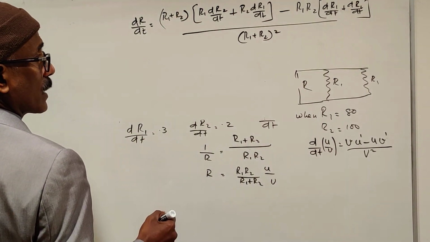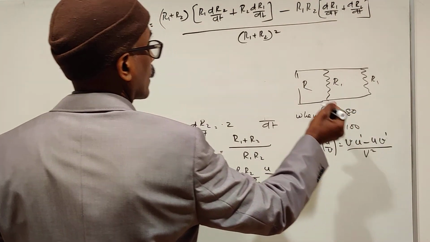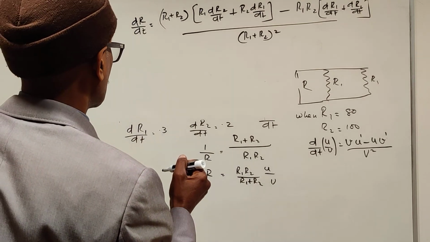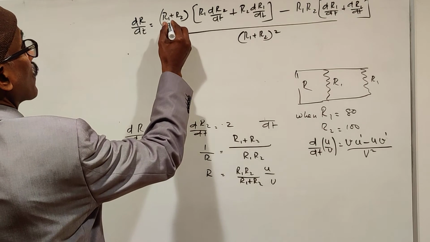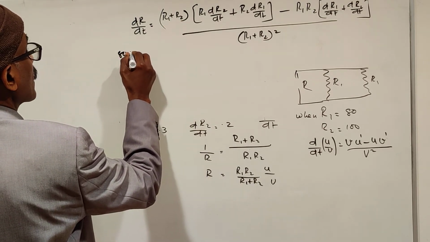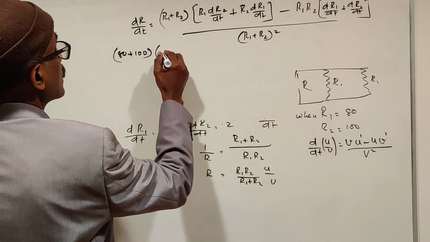Now R1 plus R2, what is R1? R1 is 80 plus 100, so 180. I'm going to write everything. R1 is 80.